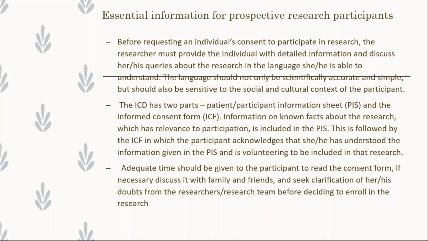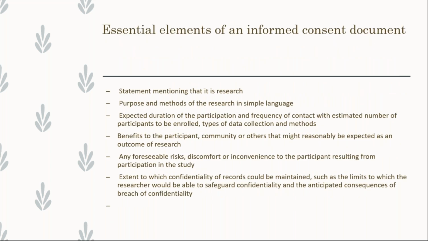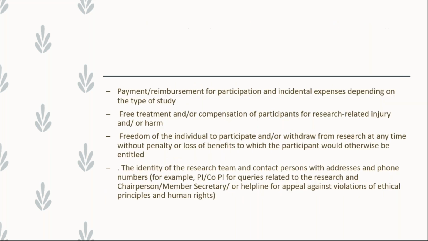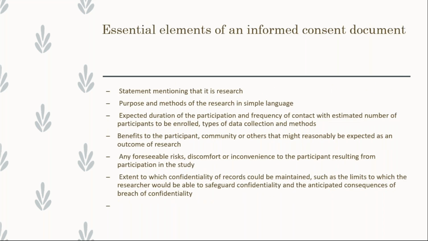We also discussed the essential information, what all information has to be given to the prospective research participants, and we discussed the essential elements as well as the additional elements. The essential elements include all the information pertaining to the research that is very important in making a decision.